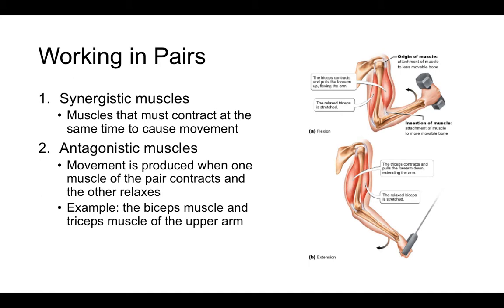It comes down here, inserts onto the ulna, not the radius, and contracts to pull the arm straight. So the biceps and triceps, antagonistic muscles, work to move your arm in an upward and downward direction.